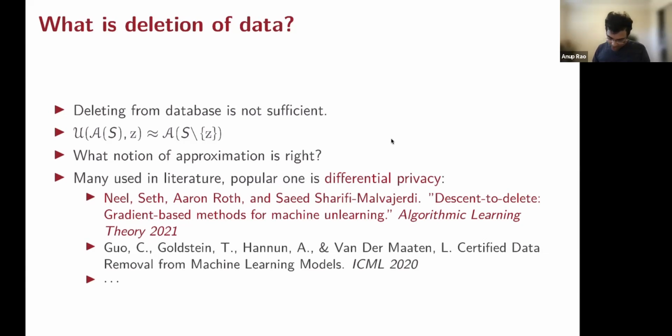In particular, the recent paper by Sekhari, Acharya, Kamath and Suresh gives some rigorous guarantees based on differential privacy, and it is probably the first paper I know that did so.